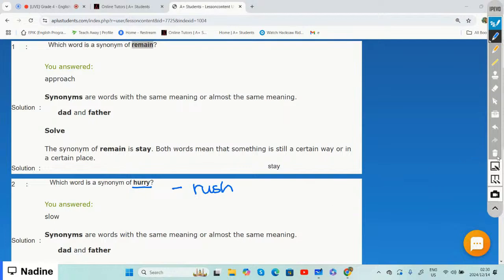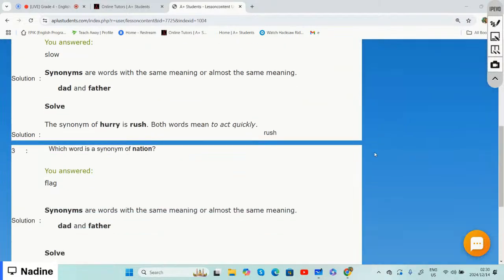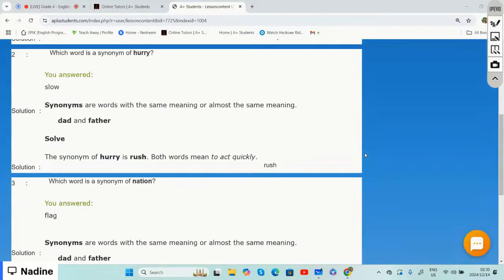All right, so rush is the synonym of hurry. It basically means you need to act quickly, you need to hurry.